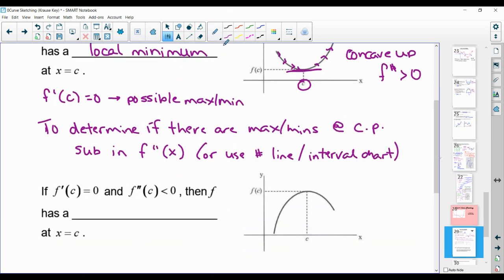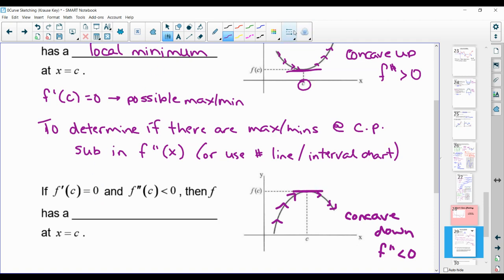Now if we look at the second case, similar, we're looking at concave down. If the graph is concave down, then we know that the second derivative is negative. We also know that we are going from increasing to decreasing, and right here our first derivative is 0.